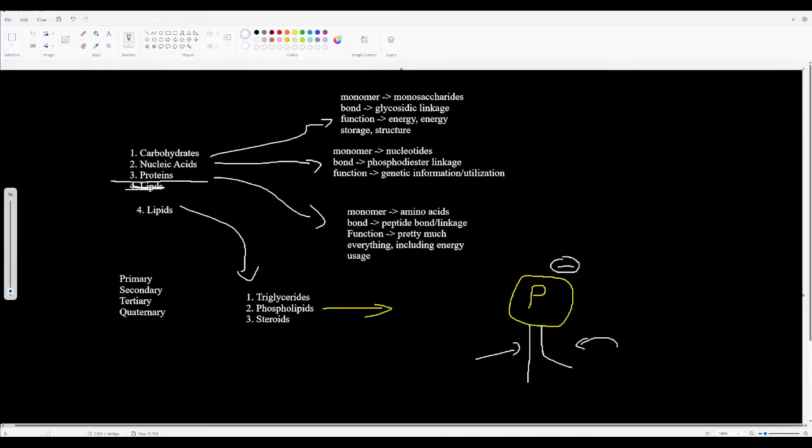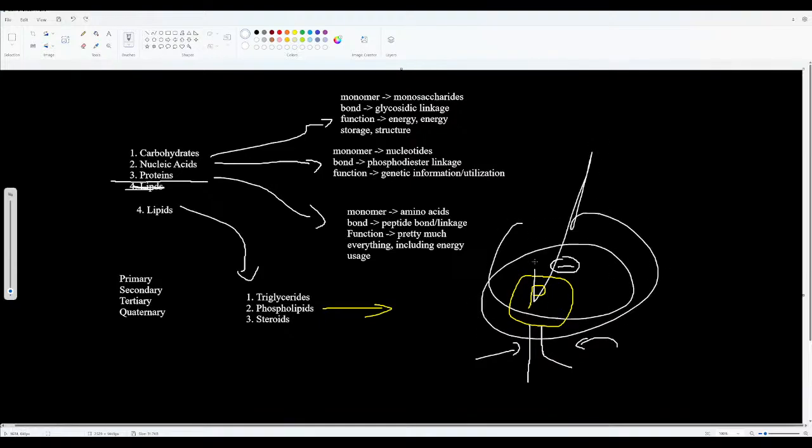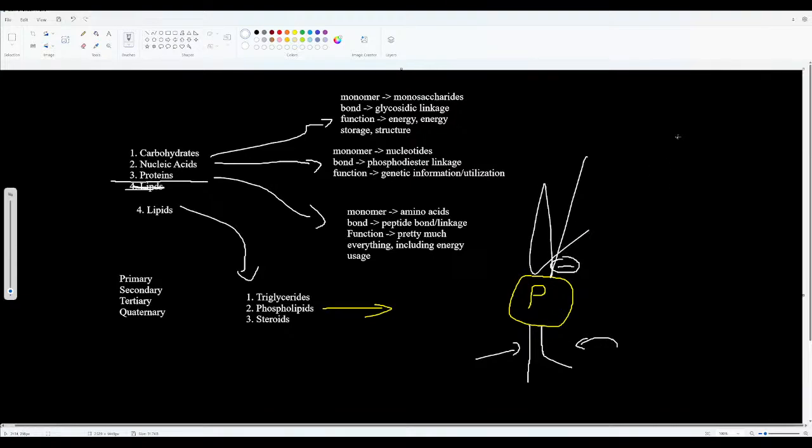So, like I said, if we have these 2 tails and the phosphate, that's a phospholipid. Specifically, if we have the phosphate, listen closely, if we have the phosphate, it's a phospholipid. I hope I made that clear enough. So, moving on.